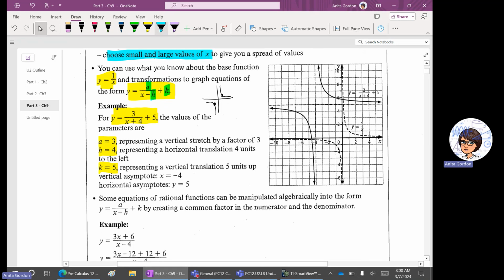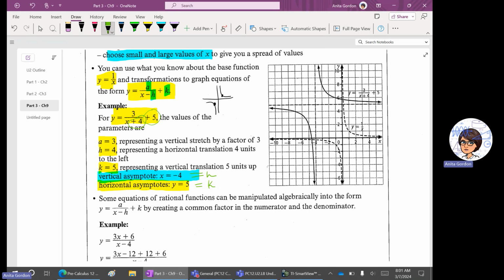One of the things that's going to be new and really handy in this unit is that the vertical asymptote will be represented by H, and that the horizontal asymptote will be represented by K. So right from looking at that equation, I can see that I have a vertical asymptote at my non-permissible value, x equals -4, and I have a horizontal asymptote at my K value, y equals 5.